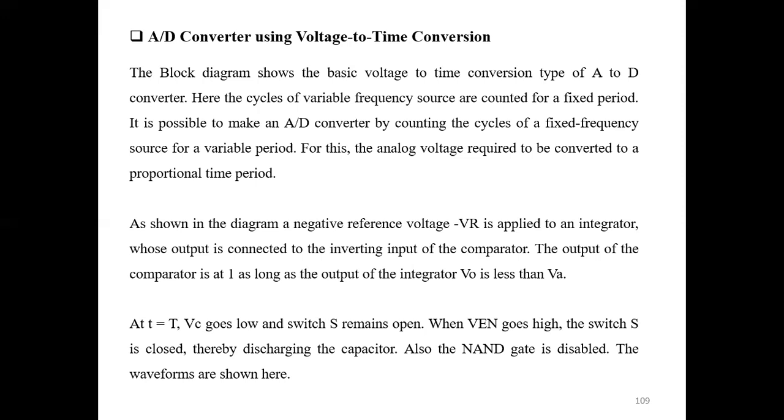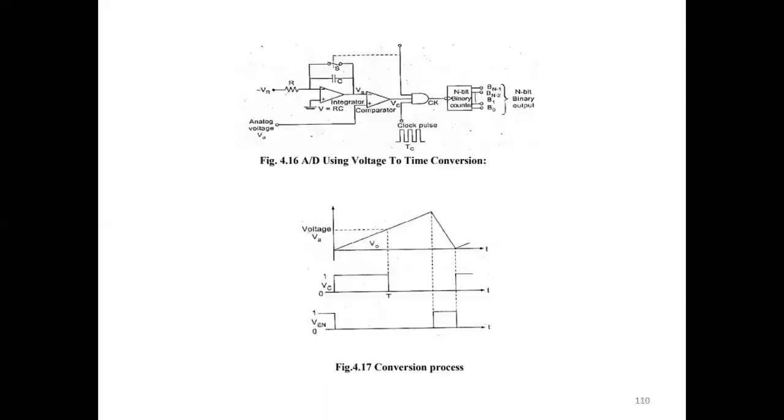When V enable goes high, the switch S is closed, thereby discharging the capacitor. Also, the NAND gate is disabled. The waveforms are shown here. So this is the model of voltage to time conversion. Here also we are using the integrator for defining the triangular waveform, and we count the data at the output using the n-bit binary counter.